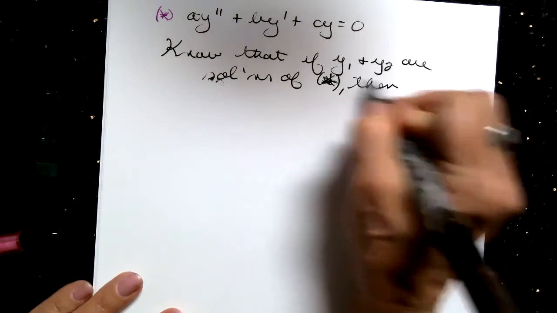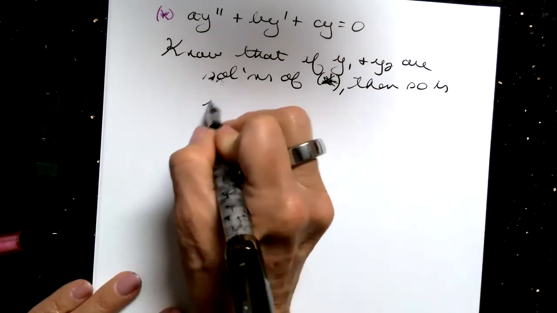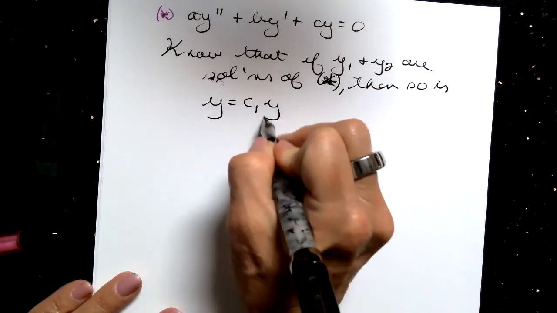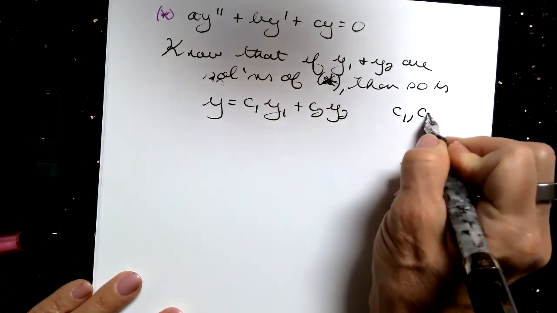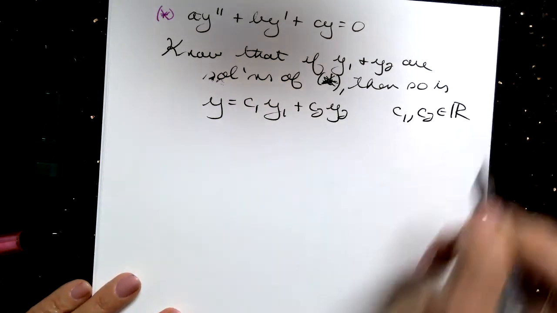Then so is C1 Y1 plus C2 Y2 for C1, C2, any arbitrary real numbers.